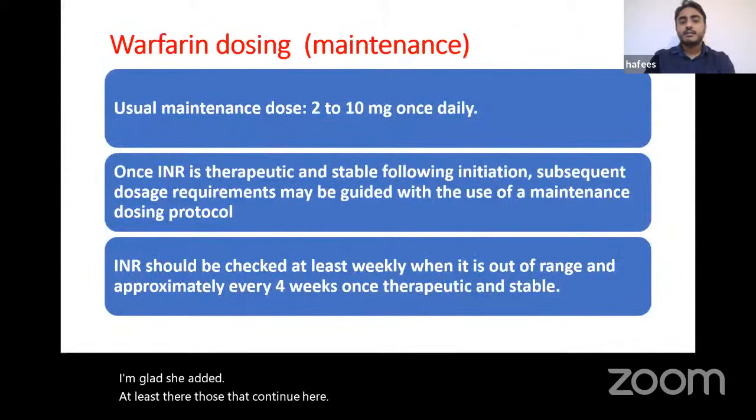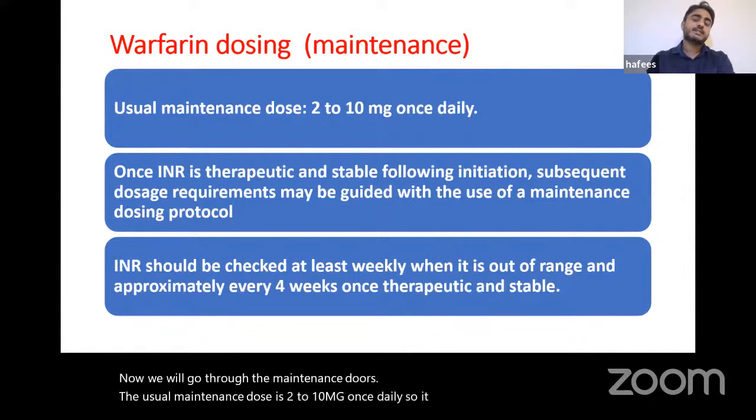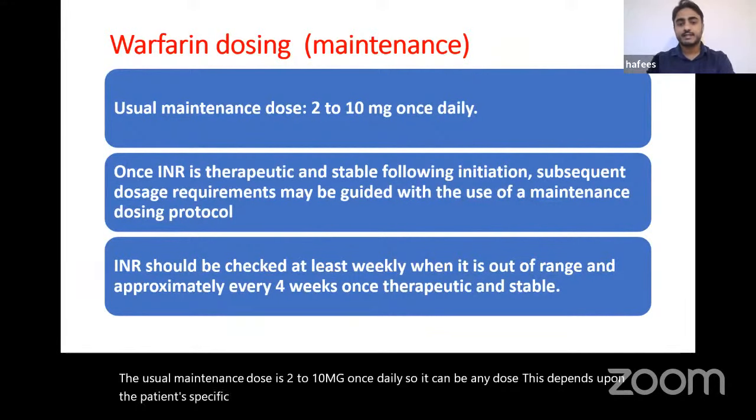Now we will go to the warfarin maintenance dose. The usual maintenance dose is 2 to 10 milligram once daily, so it can be any dose. This depends upon the patient's specific characteristics, weight, sex, age, or whatever.